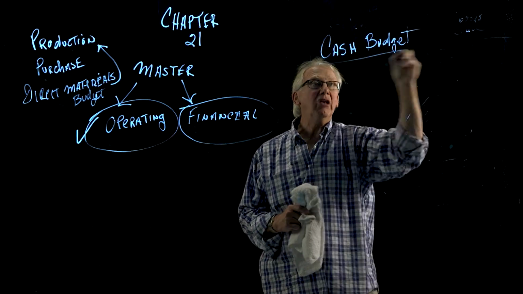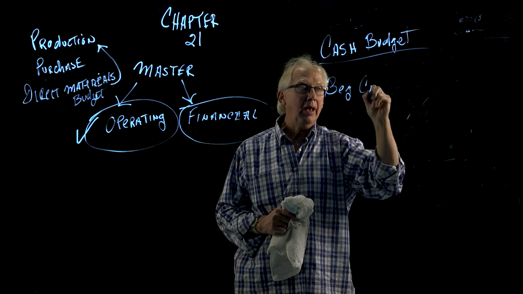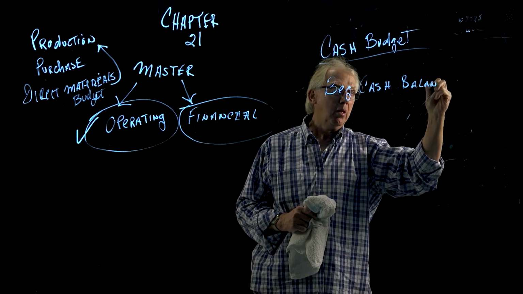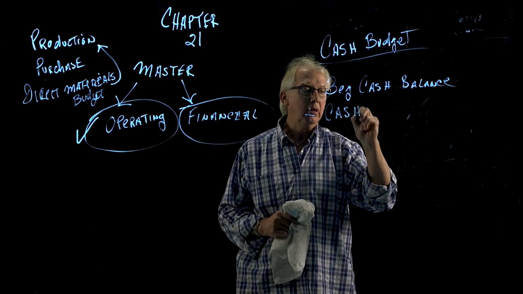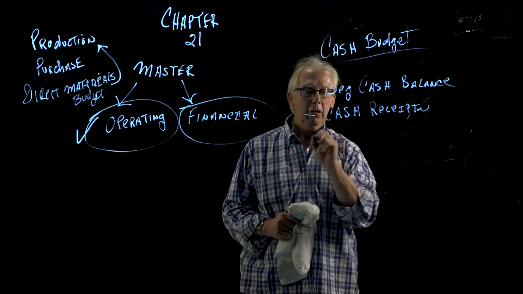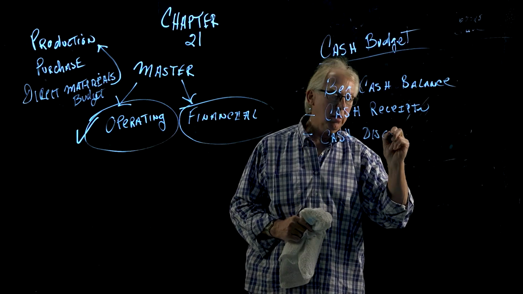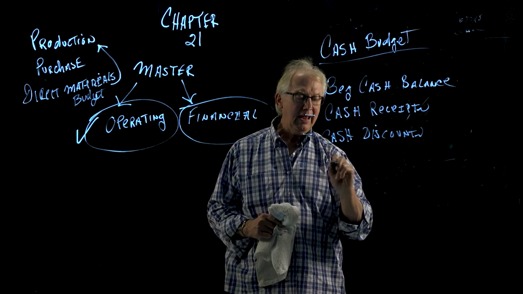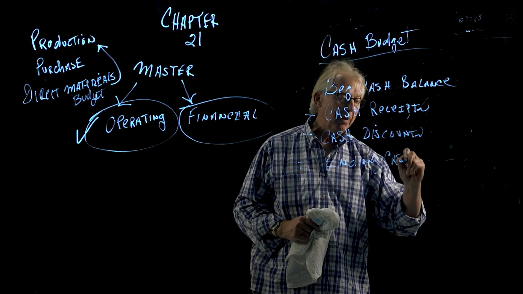And what the cash budget is: beginning cash balance plus cash receipts minus cash disbursements equals ending cash balance.